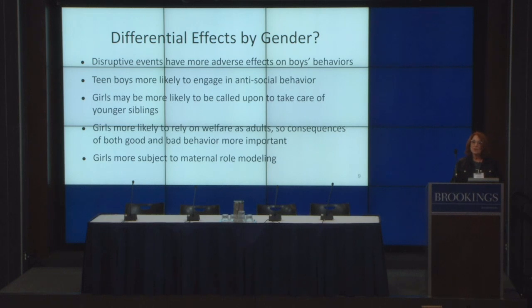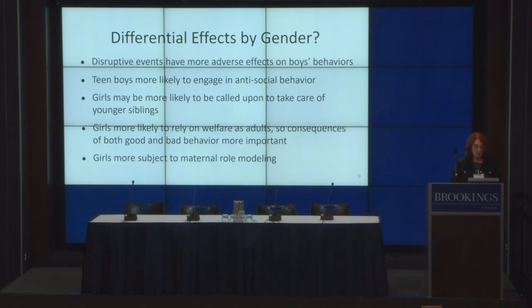And there's good reason to think that there would be differential effects by gender, and we're really pleased to have a developmental psychologist as part of this team to help us conceptualize this a little bit. Disruptive events have more adverse effect on boys than girls. This has been found. Teen boys, and as you'll see in a few slides, are more likely to engage in antisocial behavior to begin with.